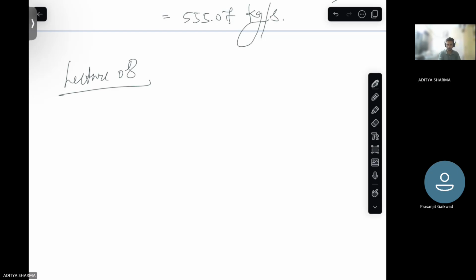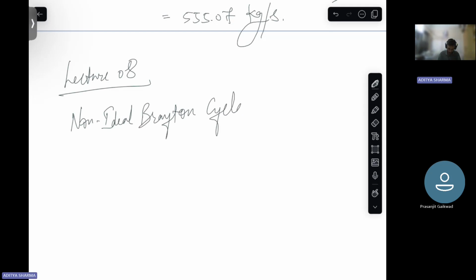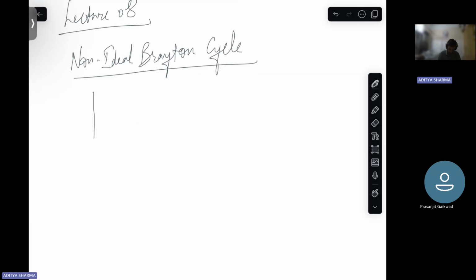Let me draw this non-ideal Brayton cycle. Brayton cycle with non-ideal components. It's the TS diagram, we'll understand it and then we will do questions. So this is your TS diagram basically.